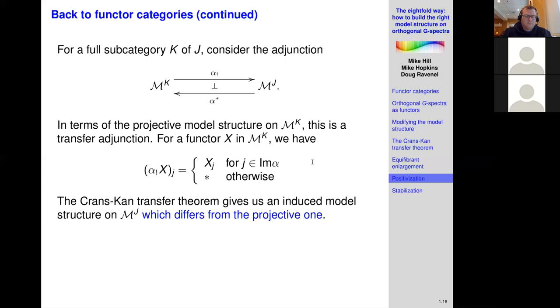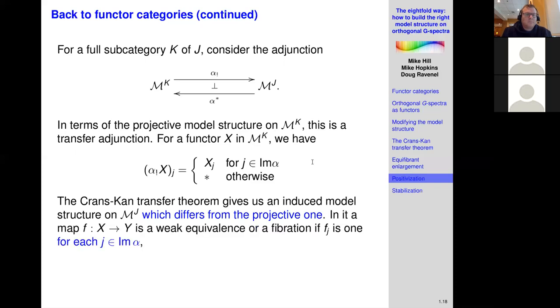Now, the Kan transfer theorem gives us an induced model structure on M^J, which differs from the projective one. And here's how it differs. A map F is a weak equivalence or a fibration if F_j is one, but it only has to be one if j is in the subcategory.